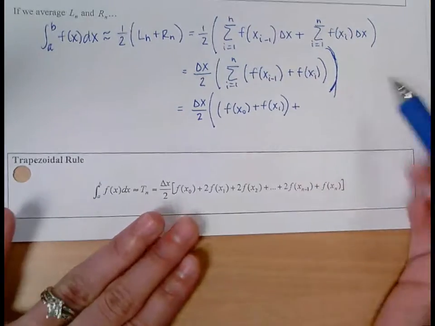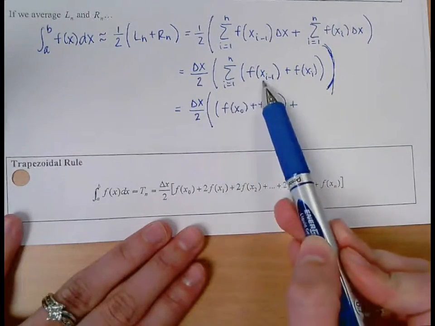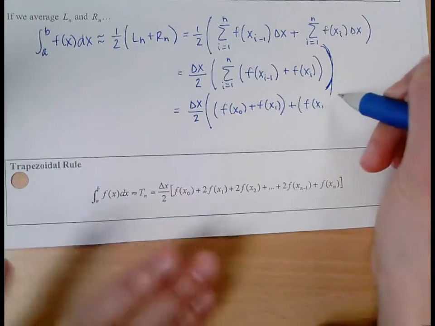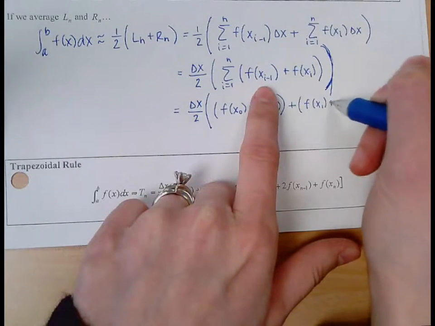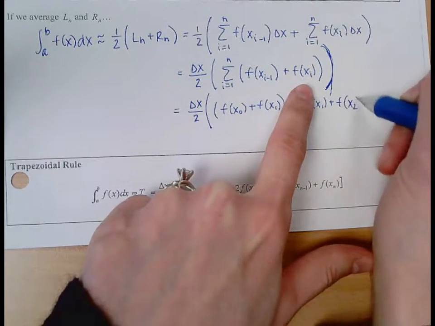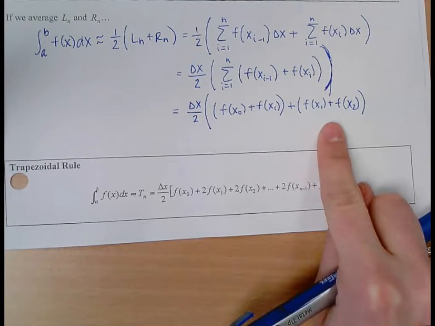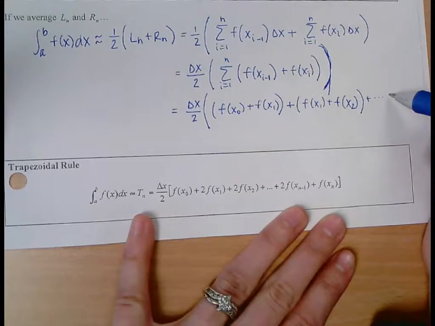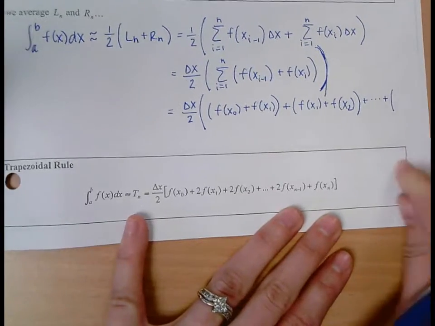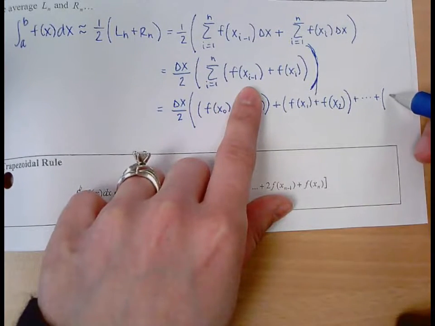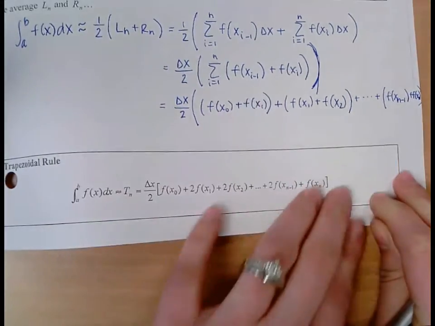But then plus what I would get then if I plugged in 2, so this would be the second interval, I would be adding f of x sub 1, 2 minus 1 is 1, plus f of x sub 2. So that would be the second interval, adding both of the endpoints together. And this would continue up to the last interval. So now this would be as if I substituted an n for the i's. So f of x sub n minus 1 plus f of x sub n. Sorry, that's hard to read. Let me squeeze that in there.